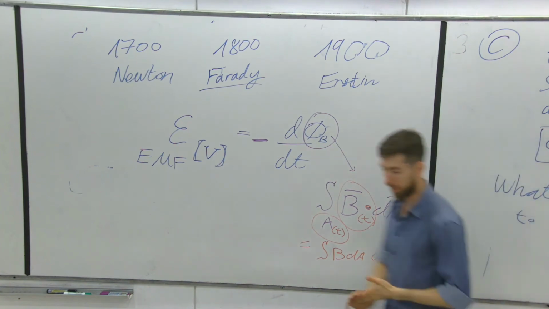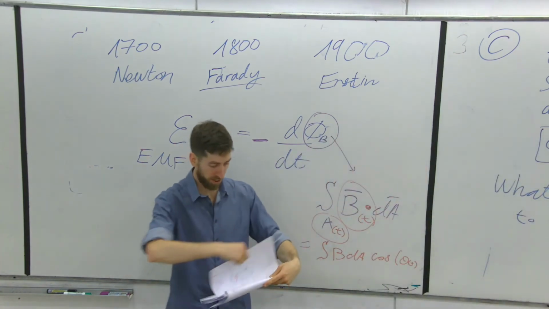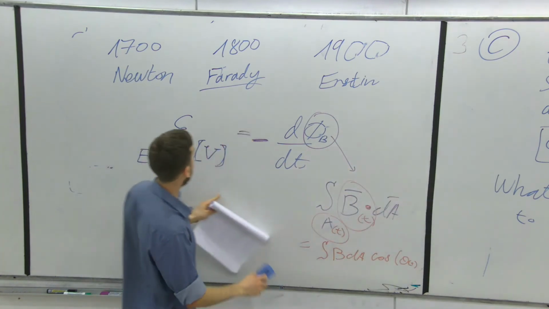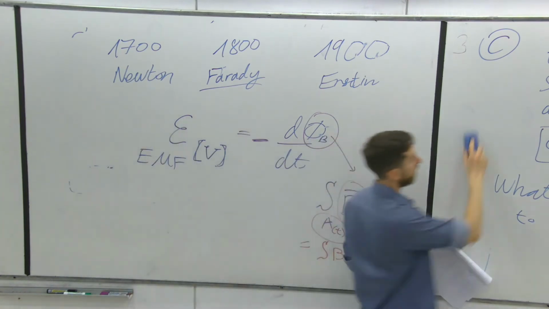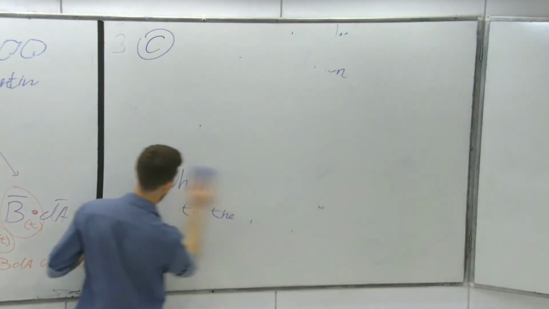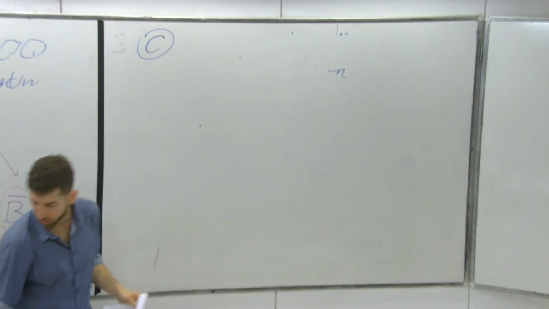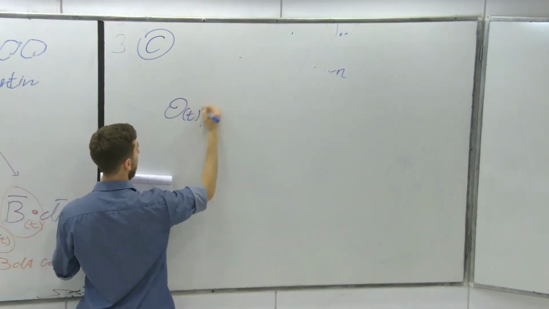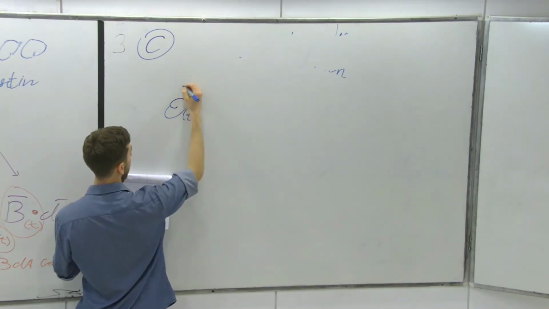Okay. So perfect. So we got this thing down. And so let's write what's going to happen. I'm going to this board. So what's going to happen in the frame? I'm answering this question. First of all, we have a changing angle, right?